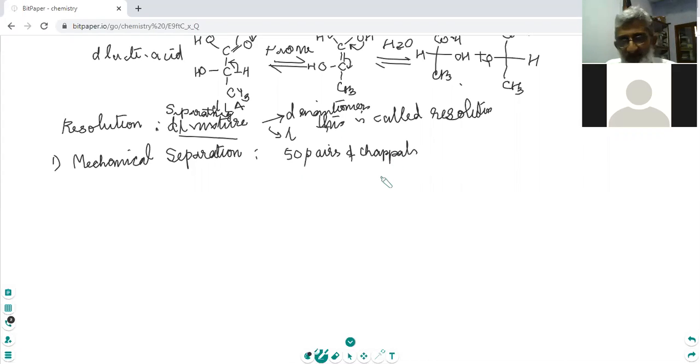Okay. Then it is all mixed up. Suppose you are asked to separate the right and the left. You can keep 50 right and 50 left. Same is the case with gloves.